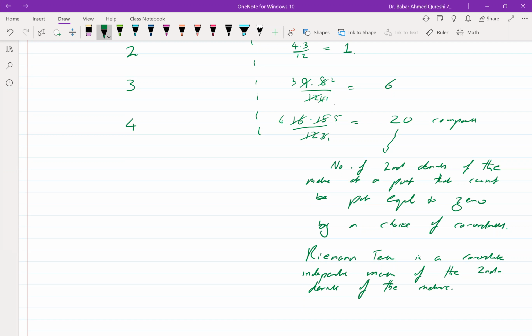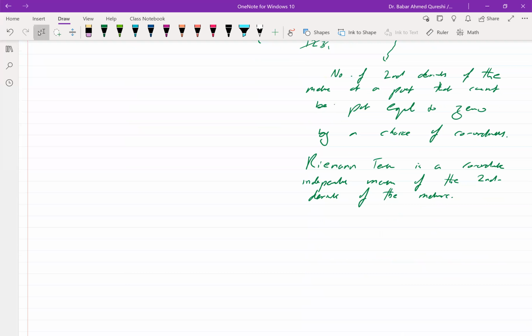It computes that in some sense in a coordinate independent way. Similarly, it goes very quickly. You have 5 dimensions, 25 into 24 over 12, 50. In 6 dimensions, you have 105, and so on.